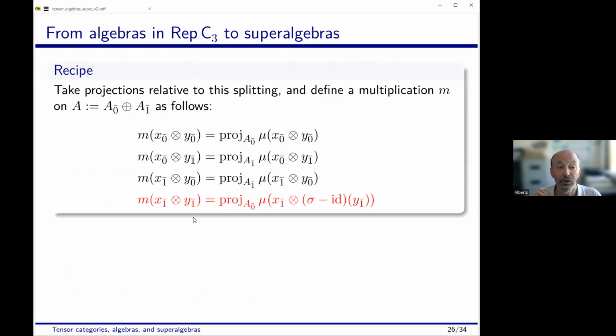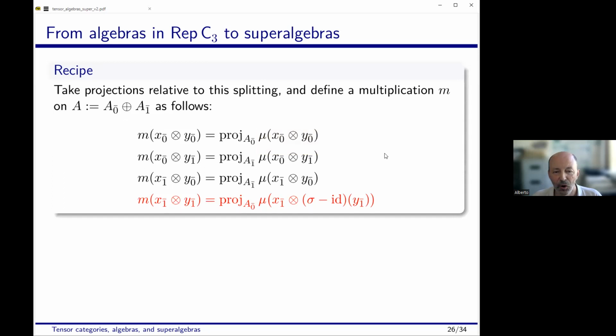So the multiplication that we have to define in this vector superspace is just the following. For even or odd elements, you just multiply in the original algebra, mu, you get this product, and then you project in the right part of the vector space.